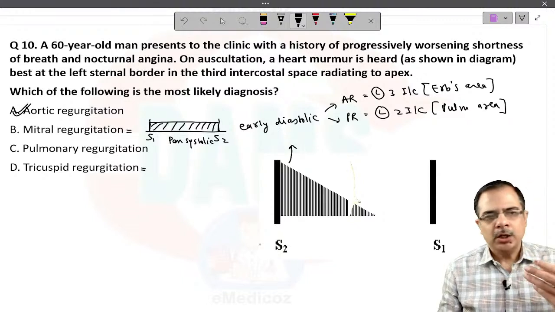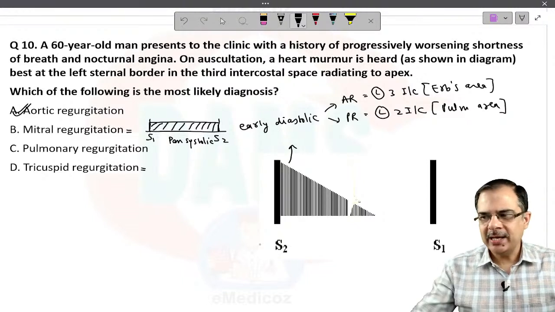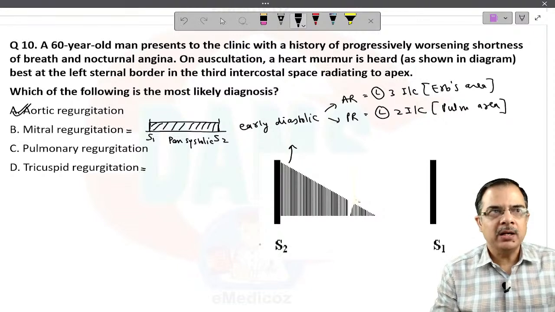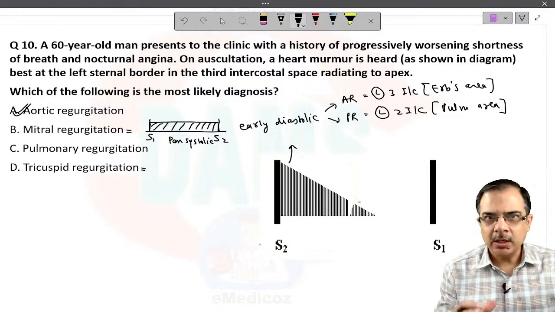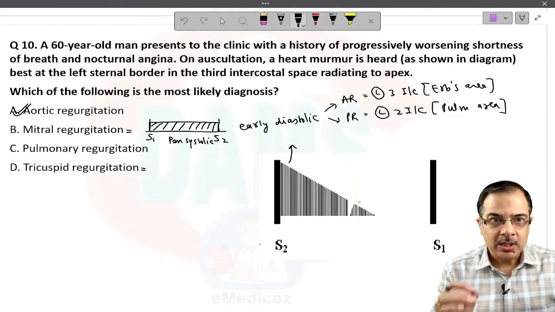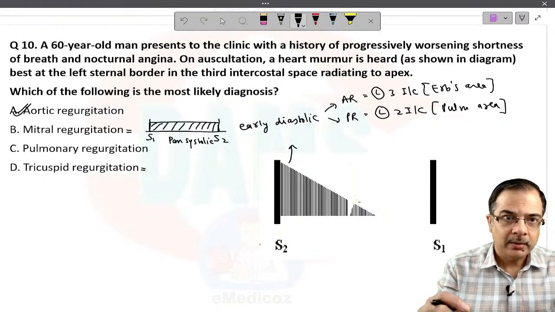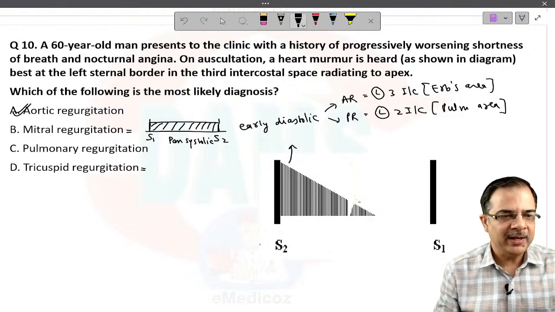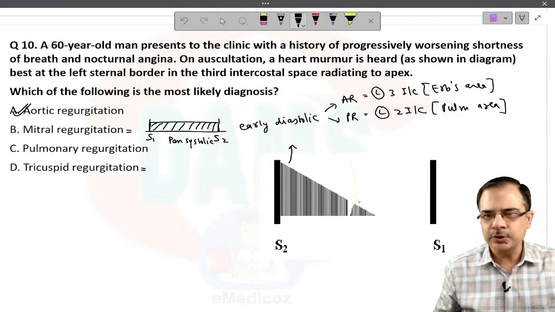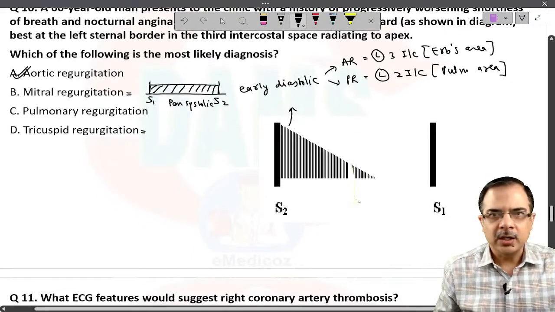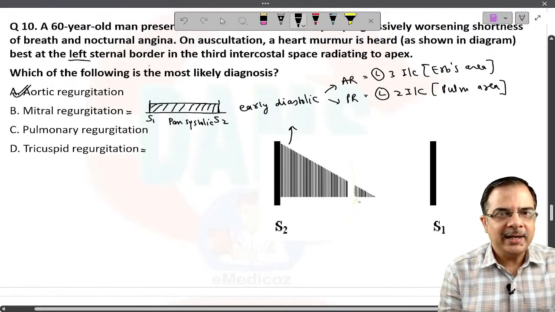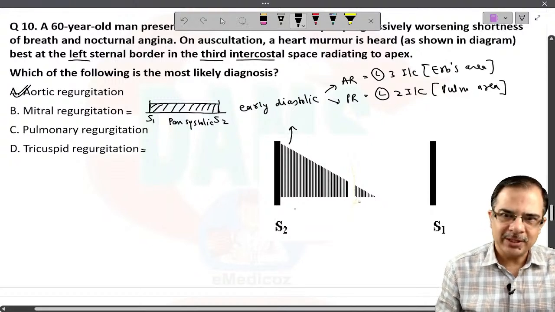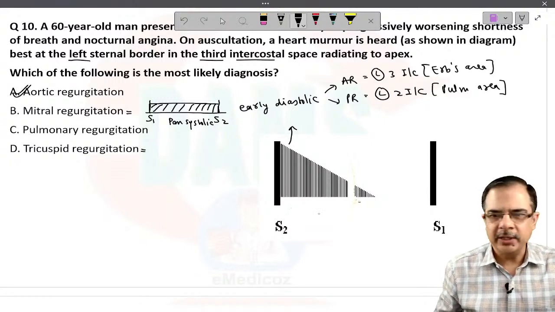Though MR can have various etiologies like acute MR, chronic MR, or MVP-induced MR, whenever MR is given, if nothing is mentioned, assume MR to be chronic. So that will be a pan-systolic murmur. Now, in the question, it is clearly given that left third intercostal space is mentioned here, so it will be Erb's area.